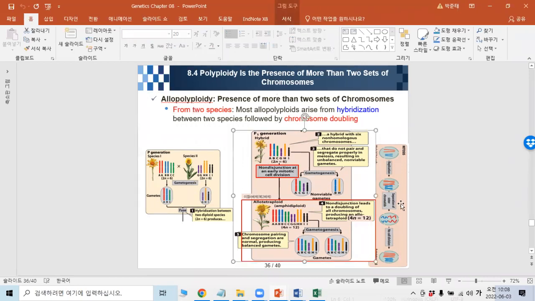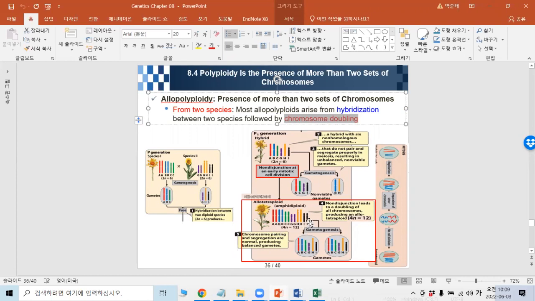But usually the non-disjunction happens, and then chromosome doubling also happens. So their status will be AA, BB, CC, GG, HH, II.